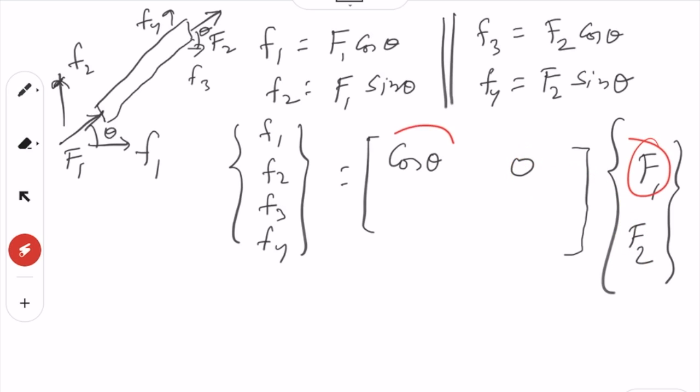So small f1 equals F1 cos theta. Similarly, you have f2 equal to capital F1 sin theta, so you can have sin theta and 0.